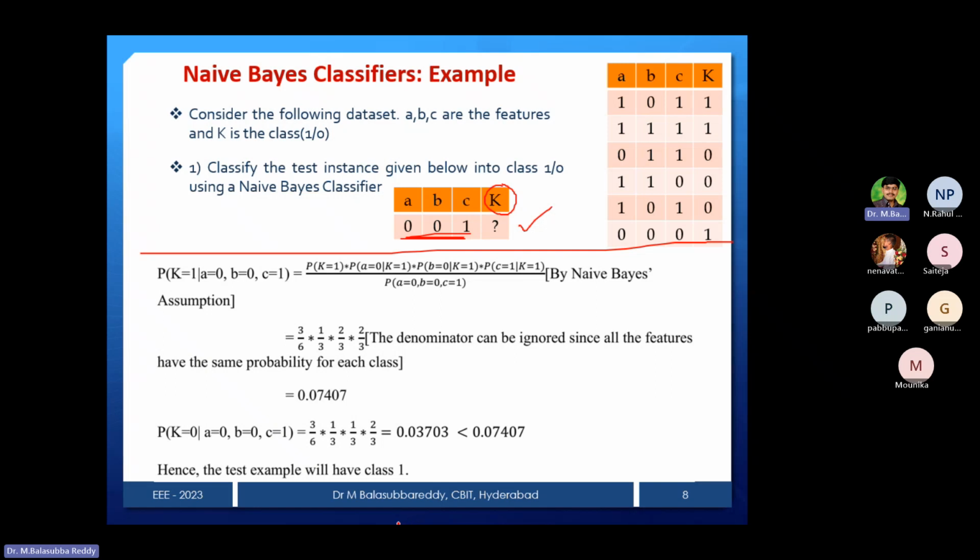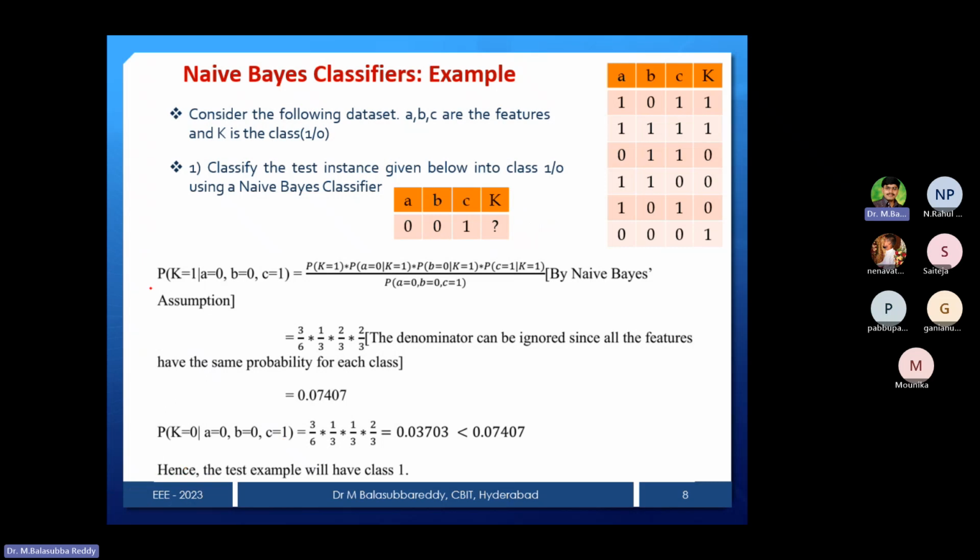We have to find that. The formula with ABC data is this one. Both probabilities you can compare. Whichever probability gives the higher value, that is the K value. Either the K is 1 case gives more probability or the K is 0 case does. Based on that, you can decide whether the outcome K is 1 or 0.